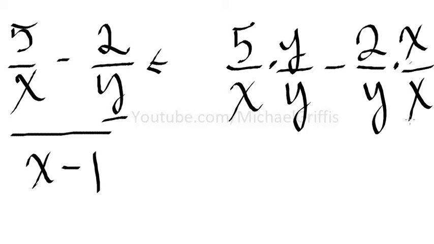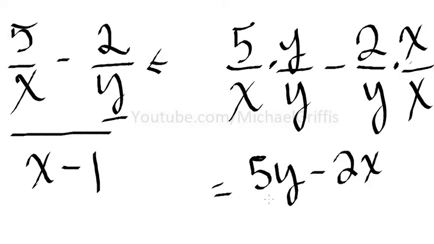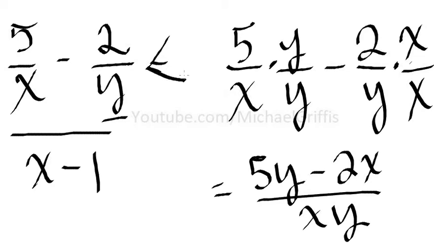Okay, so now we can bring that together. That's just 5y minus 2x over xy. All right, so that takes care of this numerator.